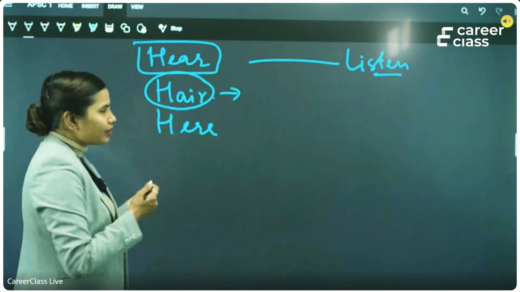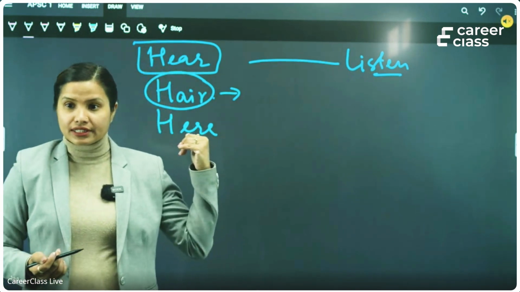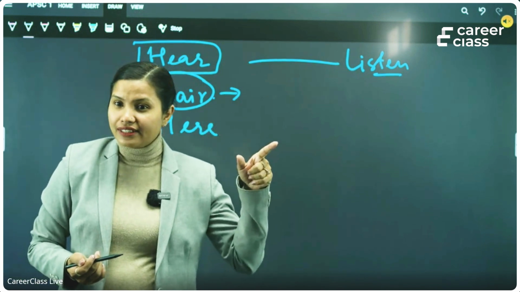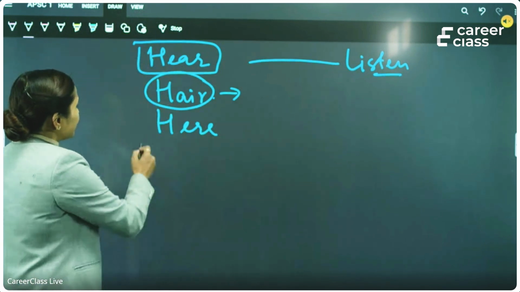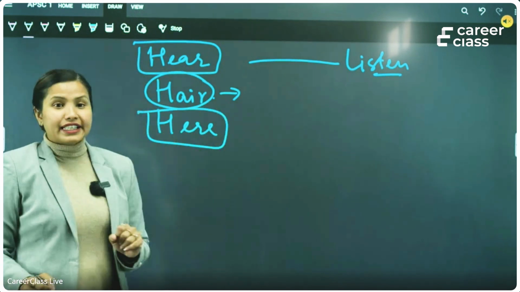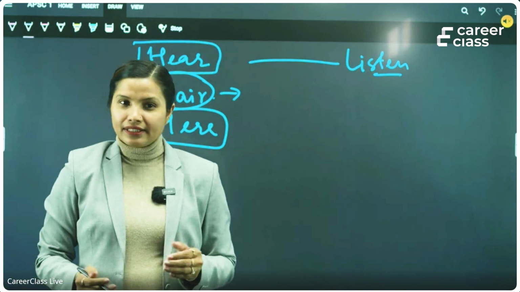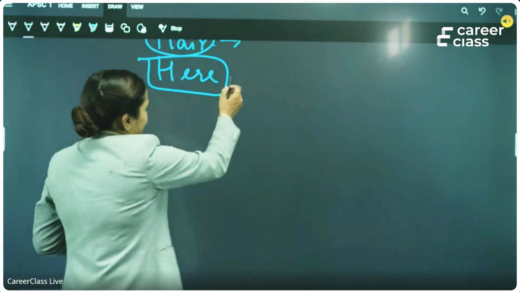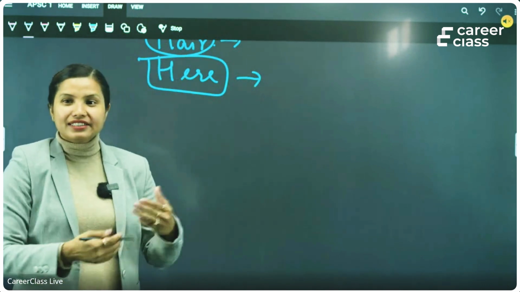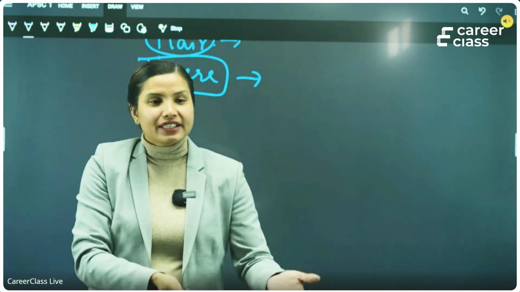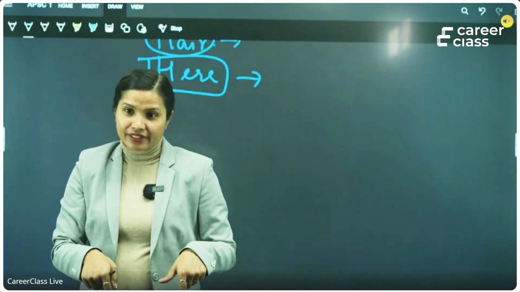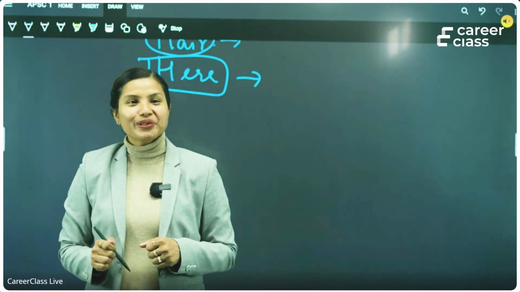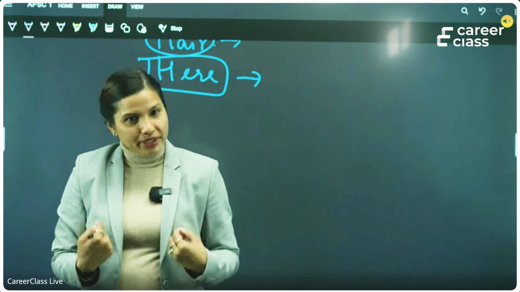And when we are hearing a noise: do you hear that noise? What about here? It expresses a place, right? So he came here to meet me. So he came right at this place to meet me.